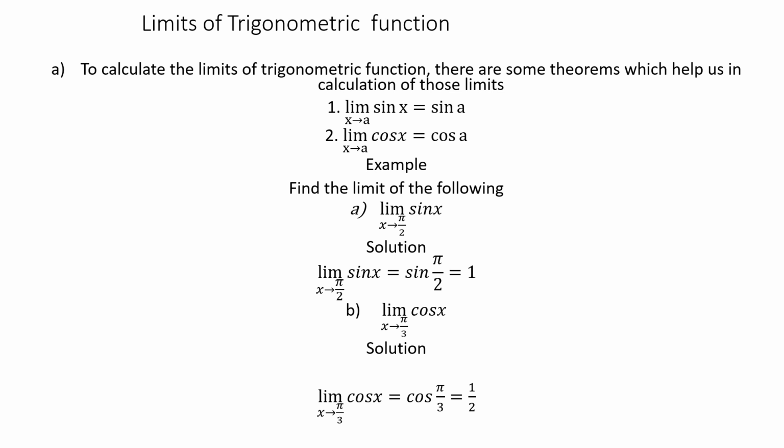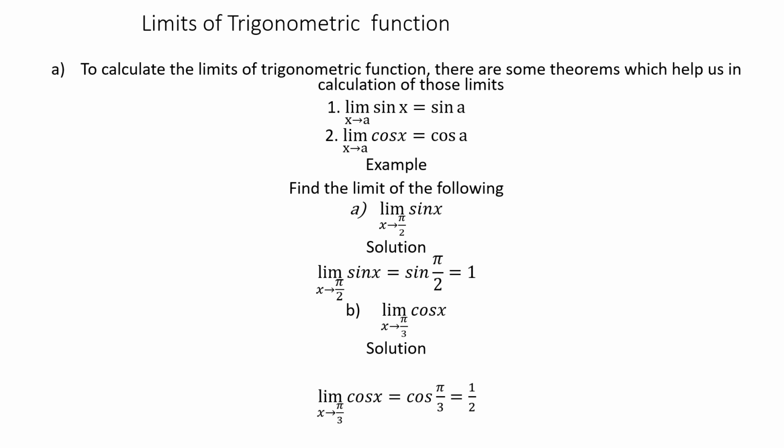From this property number 1, our variable is x and the number is a, which means as x tends to a, our function, sine x, is tending to sine a.